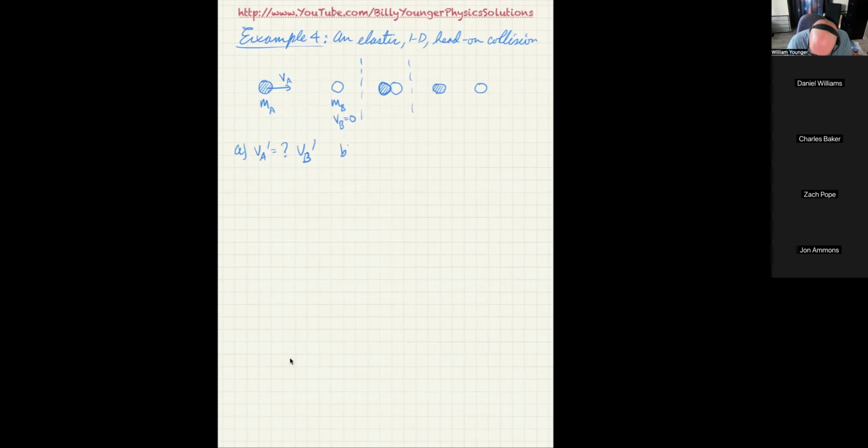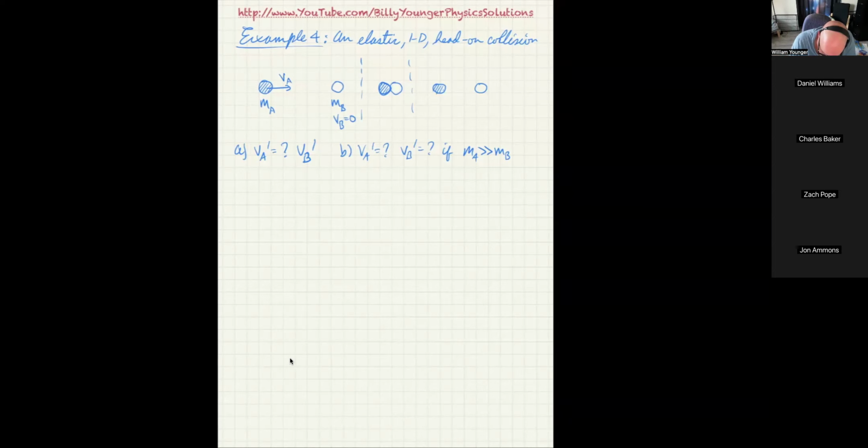And part B, we want to know VA prime equals and VB prime equals if MA is much, much greater than MB. So this is a potentially horrible situation where you're imagining a Mack truck running into a Mini Cooper.